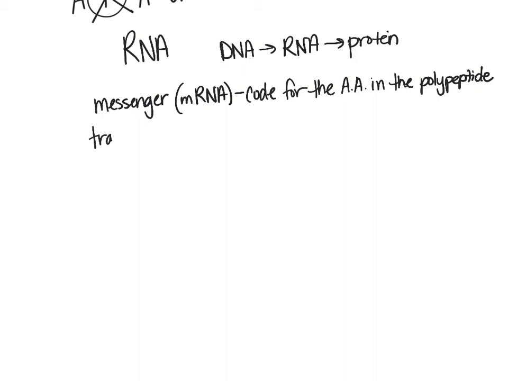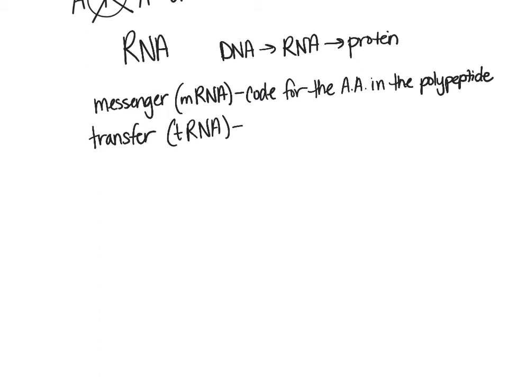The next type of RNA is called transfer RNA, or tRNA. Our transfer RNA is going to bind to specific amino acids and match them up to the mRNA.